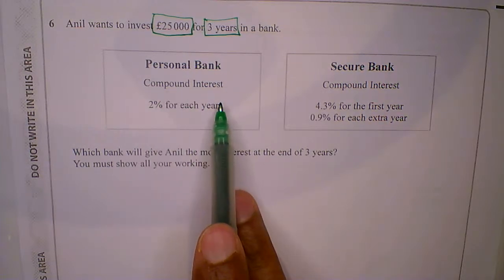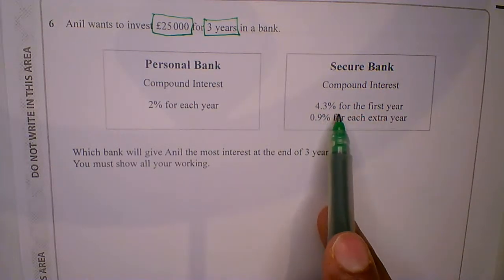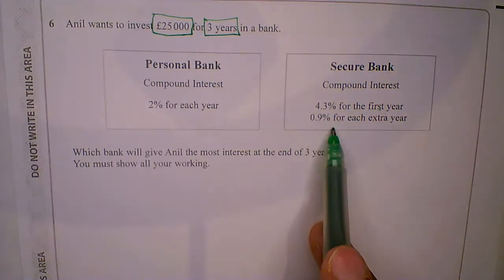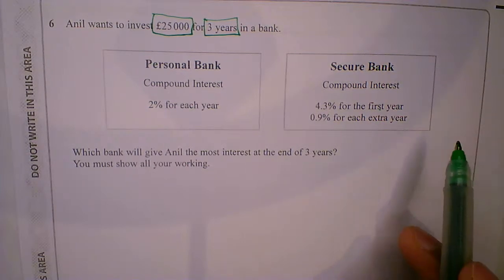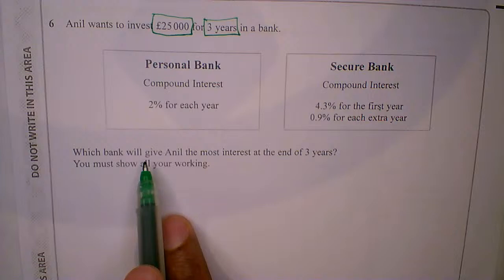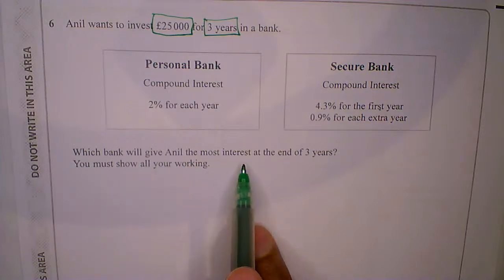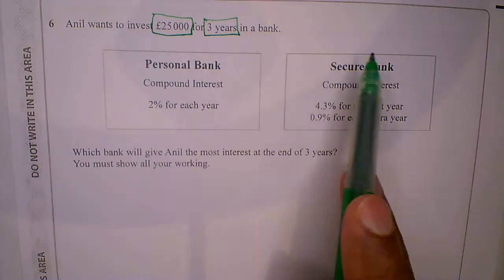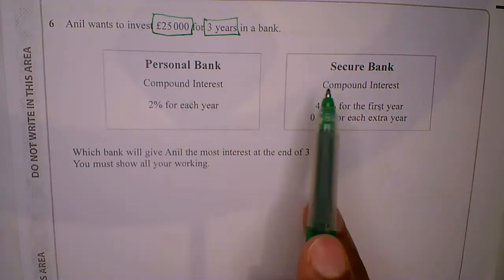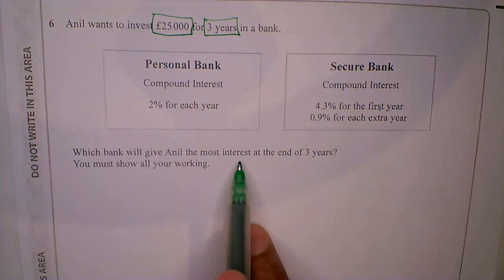Then you've got secure bank: compound interest, 4.35% for the first year, and then 0.9% for each extra year. Which bank will give Anil the most interest at the end of 3 years? Because they're starting from the same point, we can just see what they both get at the end, and that will tell us who gets the most interest.